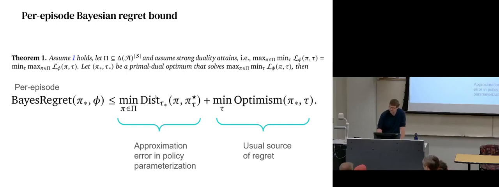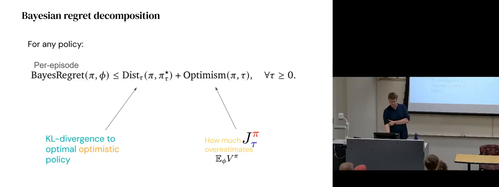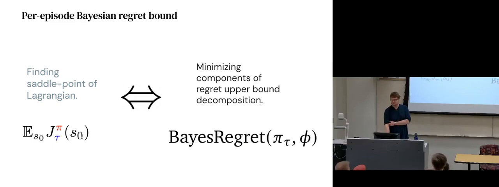This one is tau asterisk. Why does this pi depend on tau asterisk? I think it's because the distance is really a KL, and I think they're weighted by tau, whatever the tau is.